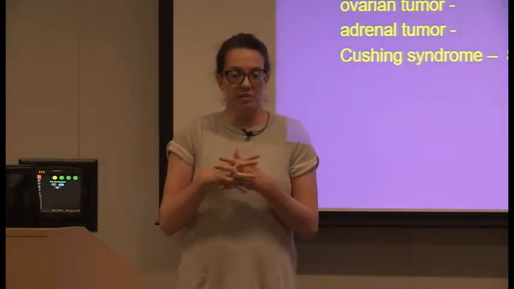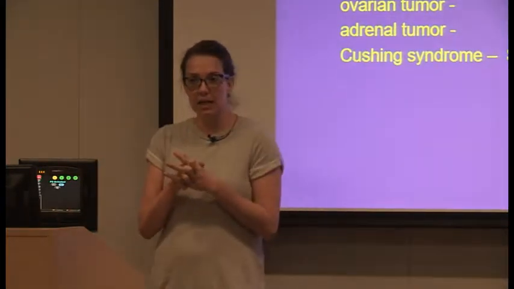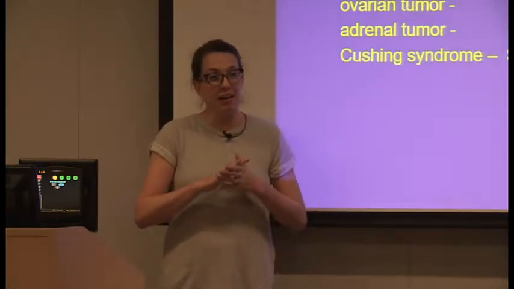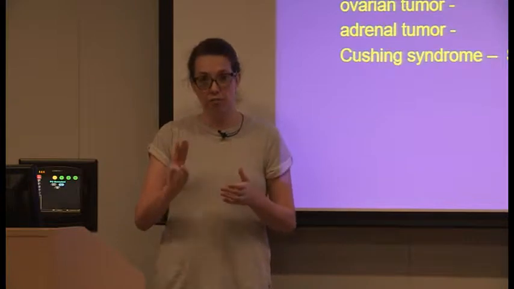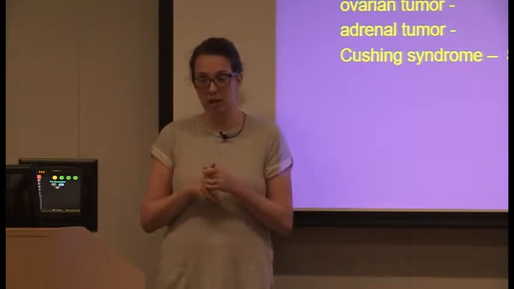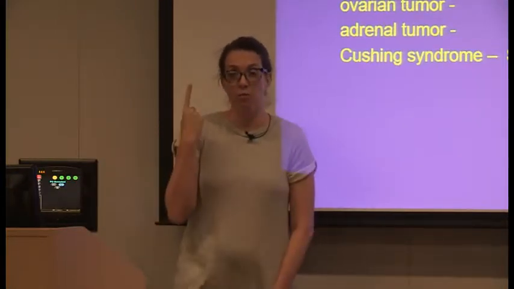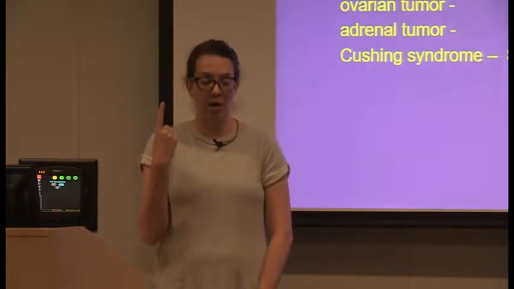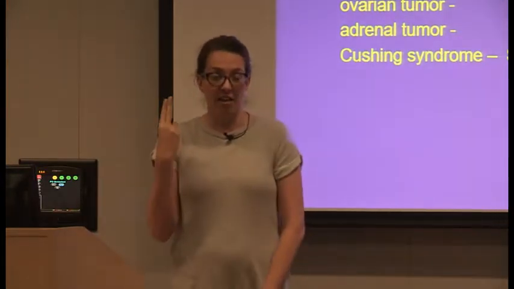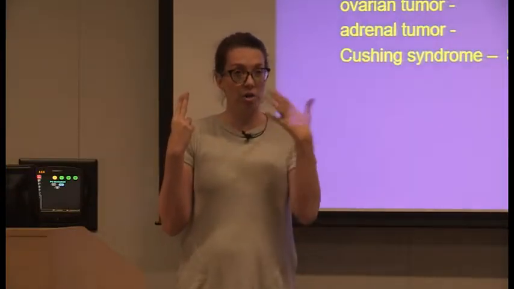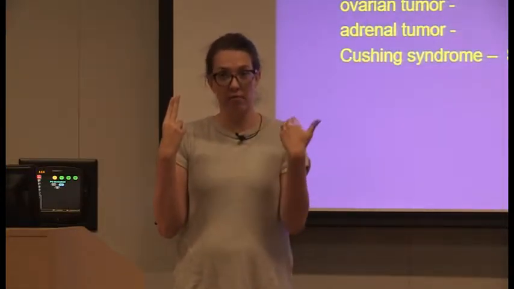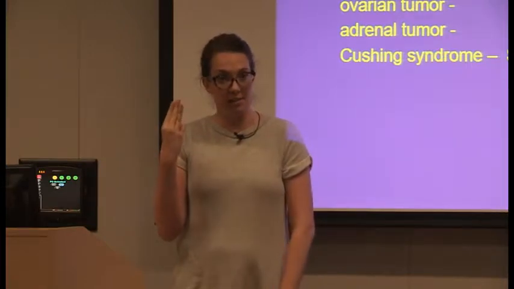Rotterdam criteria was developed by a study, and what they determined is that because the spectrum of PCOS is so wide, you need to have 2 of 3 of the following criteria, okay? You have to have abnormal menstrual cycles, okay? You have to have signs of male hormone excess, meaning that there's acne, hirsutism, meaning hair growth in the male pattern, or polycystic ovaries on ultrasound.